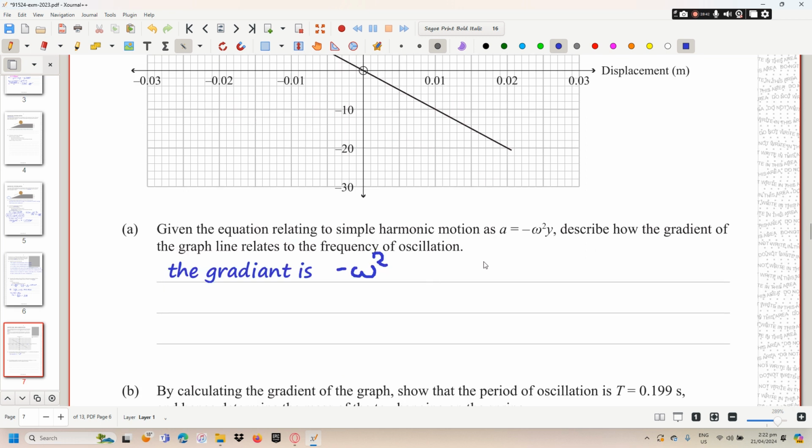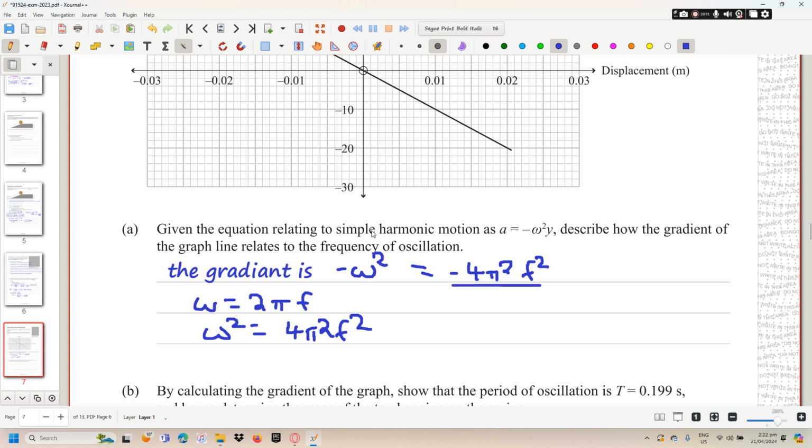Now, frequency. You'll notice that w equals 2 pi f. It's on the formula sheet, which means f equals w on 2 pi, which means that, actually no, hang on, w squared therefore equals 4 pi squared f squared, so this is equal to negative 4 pi squared f squared.